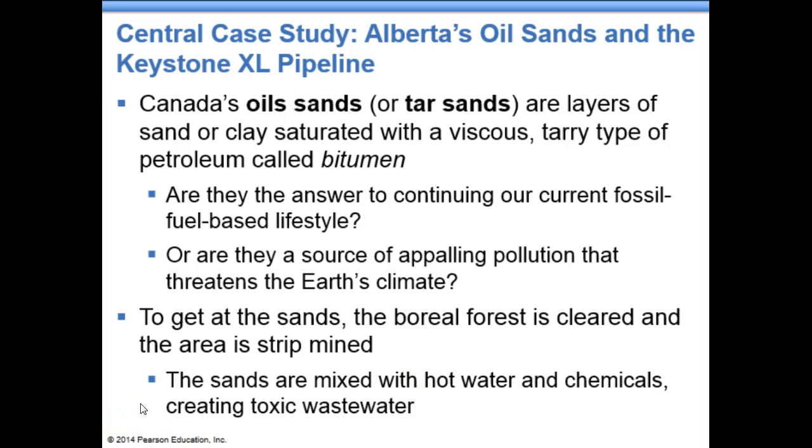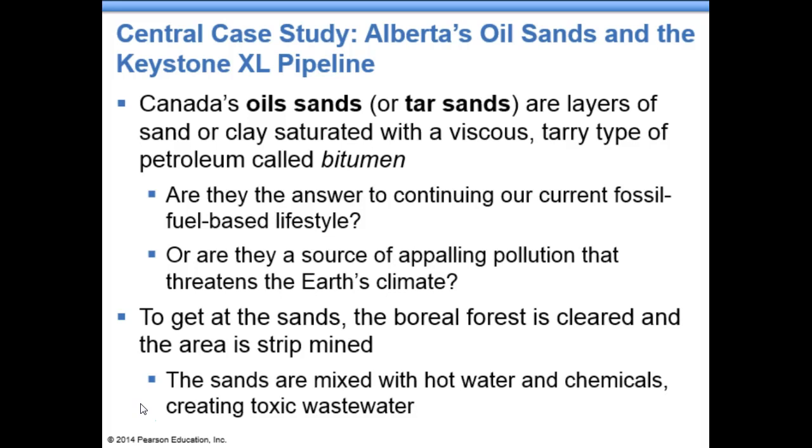To help make this go a little bit faster, I am going to ask you to please read the central case study on page 519 through page 520 in your textbook, and please you can get the notes on Rediker.